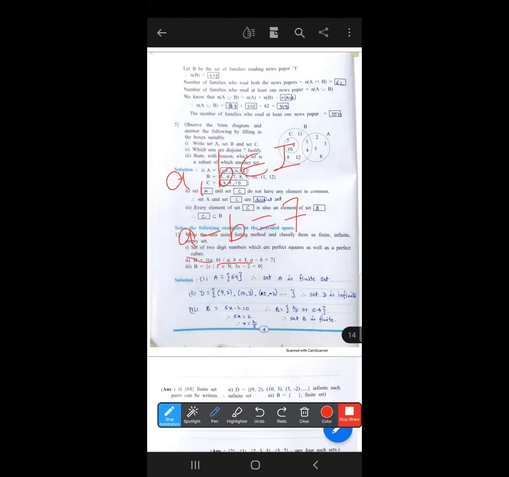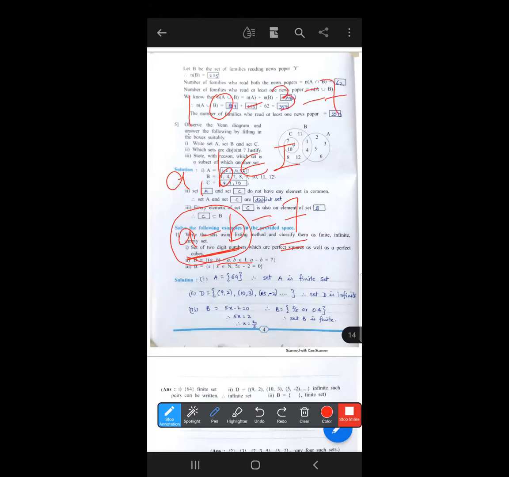That means you have to select the values of A and B such that the difference between these two numbers should be 7. For example, if I take 10 minus 3, it will be 7.